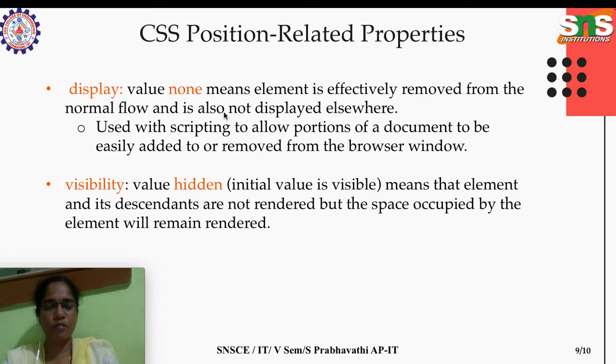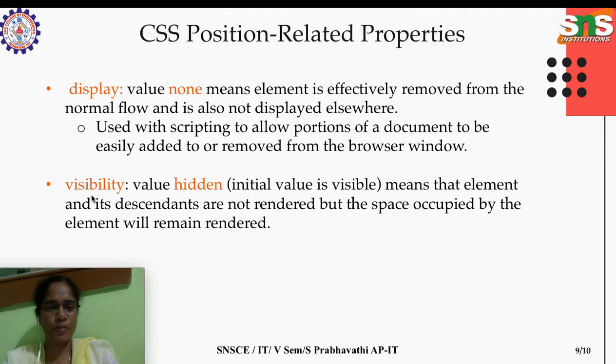The main purpose of display none is mainly in scripting, to allow some portions of the document to be easily removed or added by the browser window. So display none means the element is removed from the normal flow.